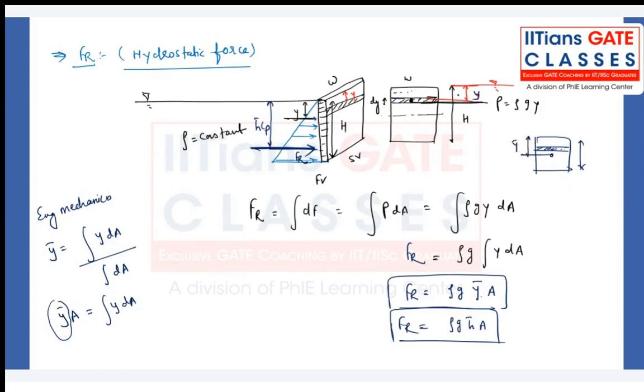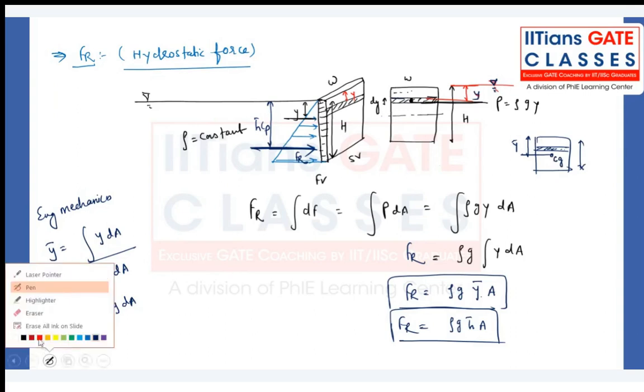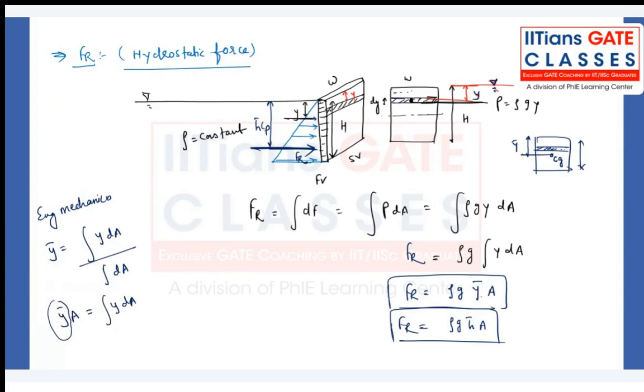As I am taking y from the free surface only, my whole calculation will be from the free surface to the centroid. I should not say CG, because CG is for a 3D body. Centroid is for a 2D, planar body. Here I cannot think of a plate as a 3D body because the thickness is very small. When the thickness is very large, it becomes a 3D body, and then we say center of gravity. Please make a note of it.